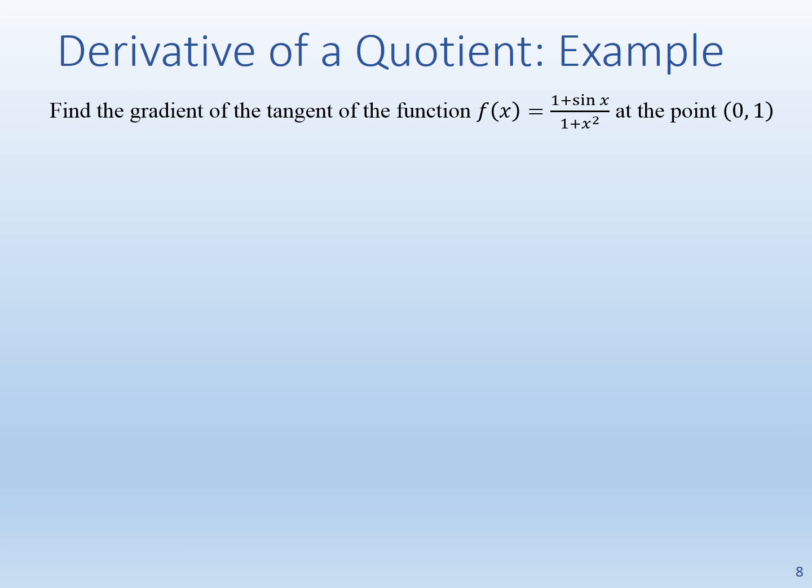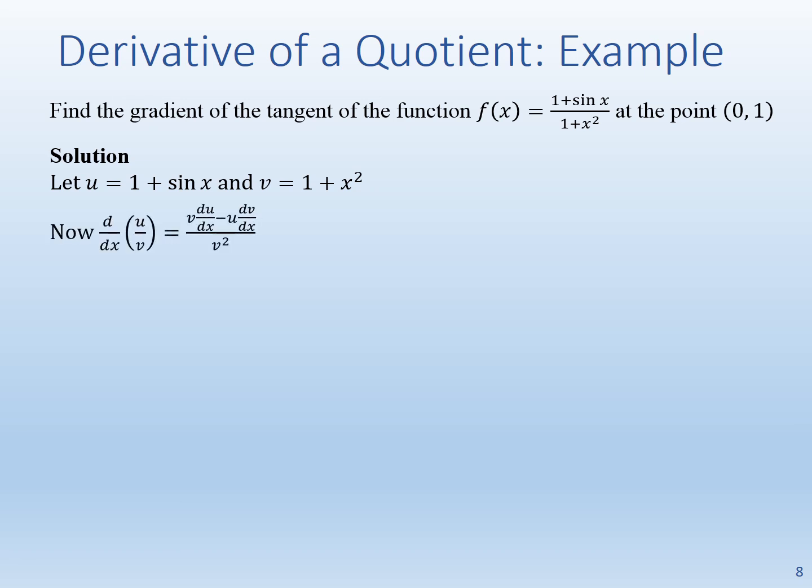In this example, we're asked for the gradient of the tangent of the function as given there at a particular point. So to get the gradient, we need to differentiate the function. The function is the quotient of two functions, so we can use the quotient rule, and then we need to evaluate it at that given point. So our numerator will make u, and our denominator will make v.